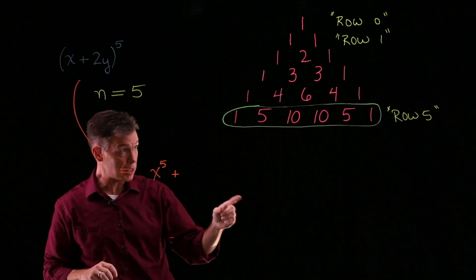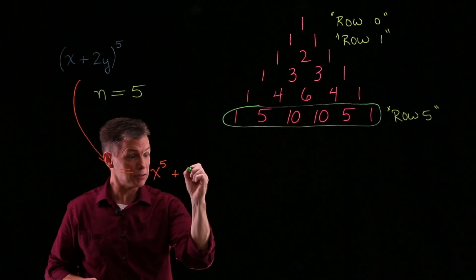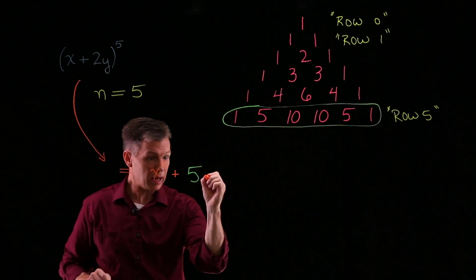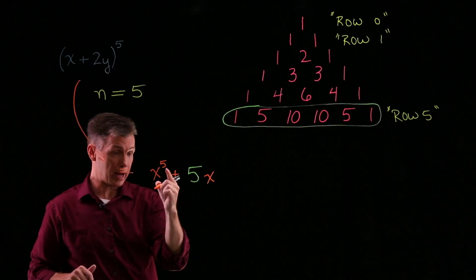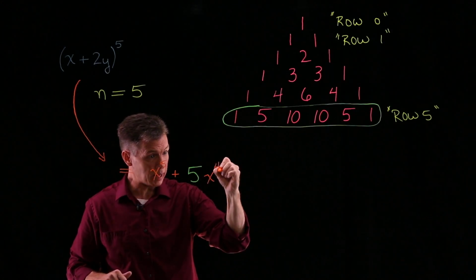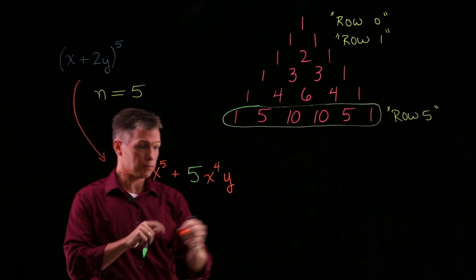In fact, maybe I'll even do that in green. That 5 is my next coefficient, okay? And then x, and that power of 5 we had in the previous term bumps down to the 4 power, and now we'll have y to the 1 power.